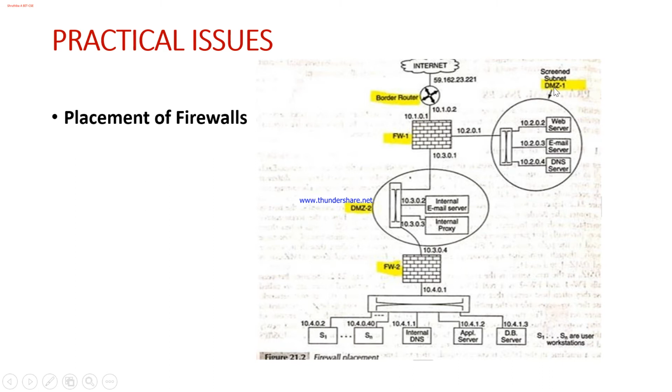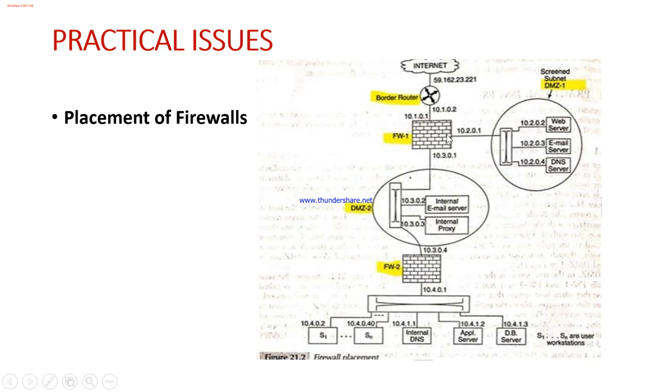What is DMZ1? DMZ is the demilitarized zone. The zone called the demilitarized zone is the area between 2 firewalls. The zone between firewall 1 and firewall 2 is the demilitarized zone. That is why this is DMZ1 and this is DMZ2.